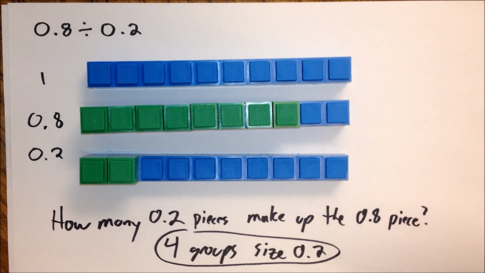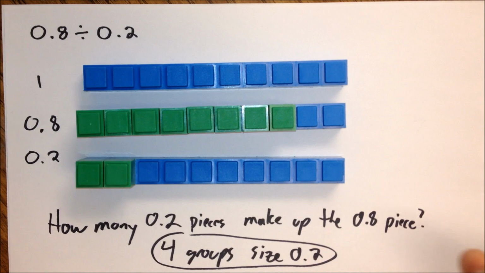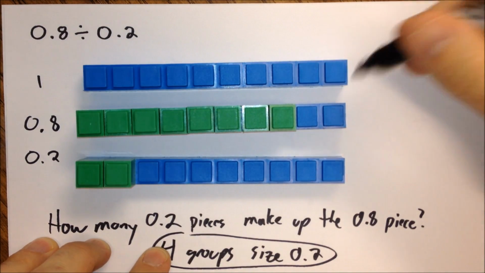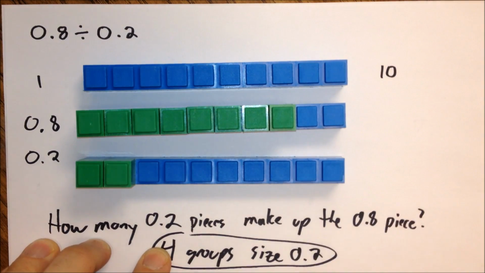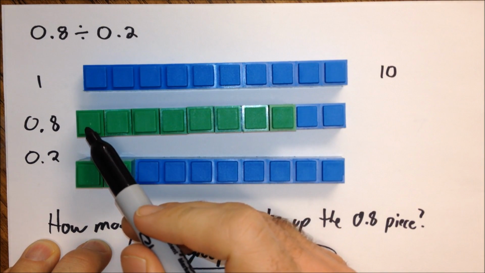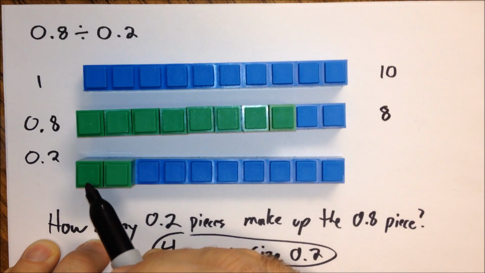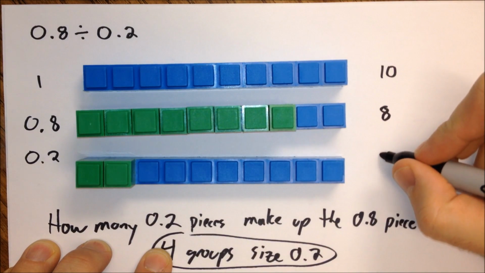Now, what I want us to realize for today, because we don't want to have to pull out blocks or draw pictures every time we start the problem, is how we could have visualized or thought about this problem differently. What if we visualized this block, instead of being a block of 1, as a block of 10? Then this block would be 1, 2, 3, 4, 5, 6, 7, 8 blocks, and this block would be 2 blocks.